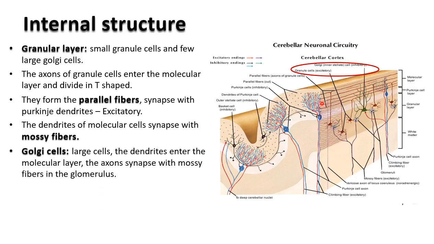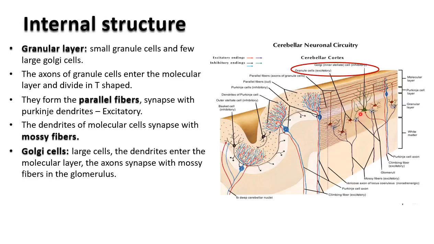And the next type of cells, the large cells, are called the Golgi cells. The axons of the Golgi cells synapse again with the mossy fiber and take part in the glomerulus of the cerebellum. I will come to what the glomerulus of the cerebellum is.